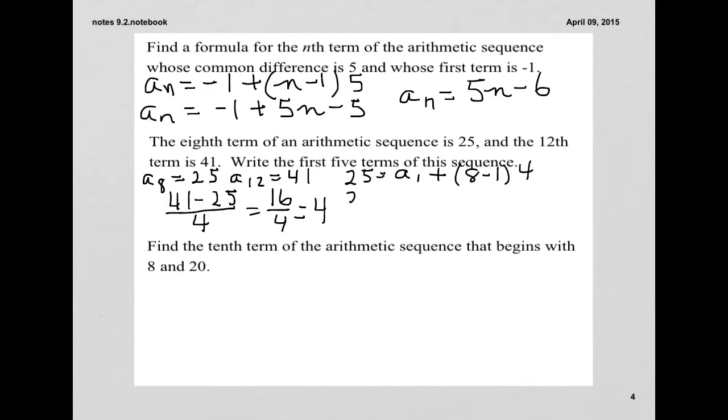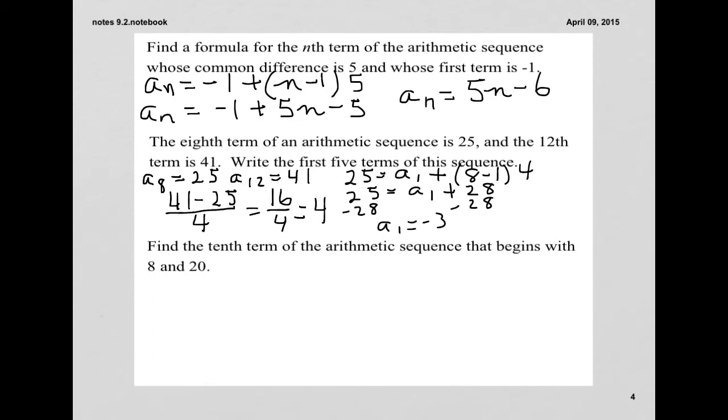So this is 25 equals a sub 1 plus 7 times 4, which is 28. All I have to do is subtract the 28 from both sides, and I get a sub 1 equals negative 3.